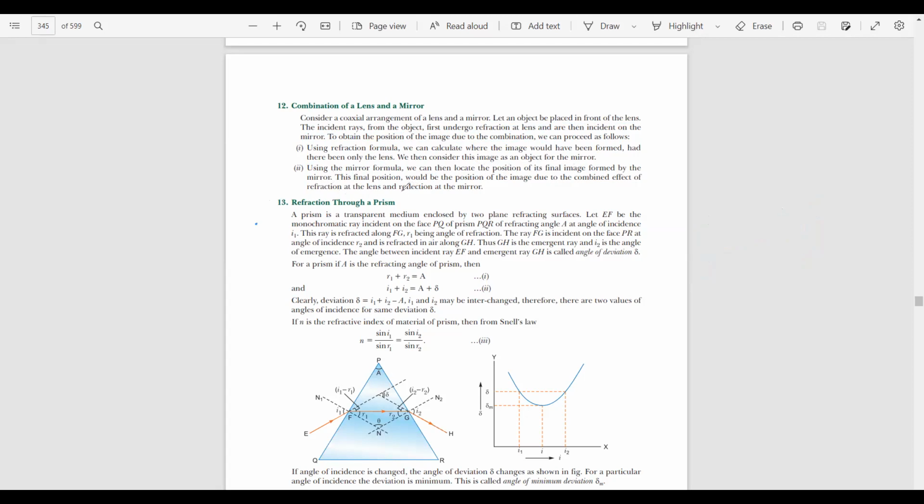The final position would be the position of the image due to the combined effect of refraction at the lens and reflection at the mirror.